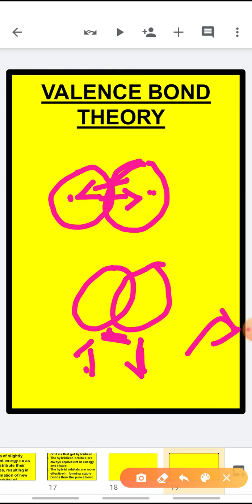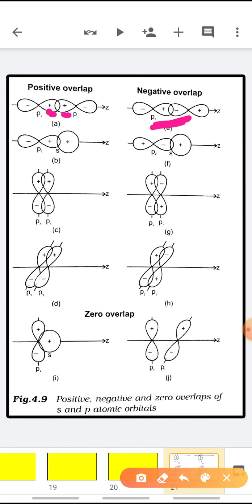When the positive lobe of a p orbital overlaps with the positive lobe of another p orbital, positive overlapping takes place. But if there is an overlap between orbitals of opposite sign, then there is negative overlapping. Positive overlapping favors the formation of the bond, whereas negative overlapping does not.